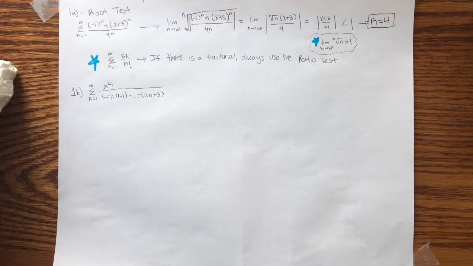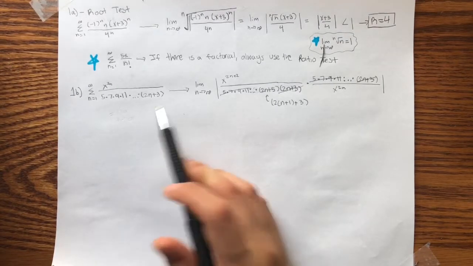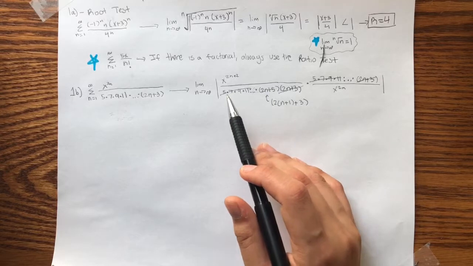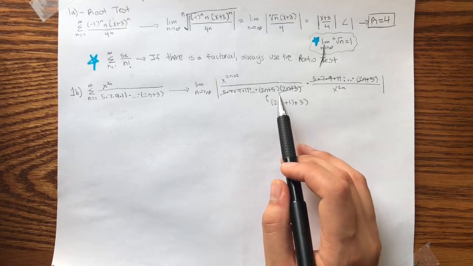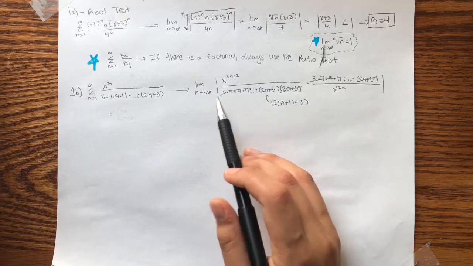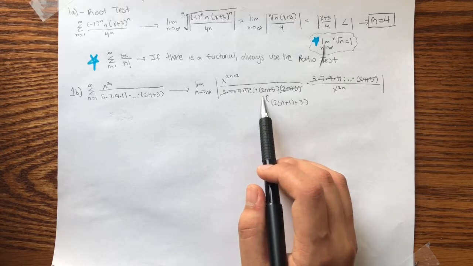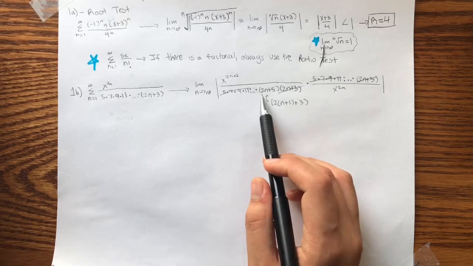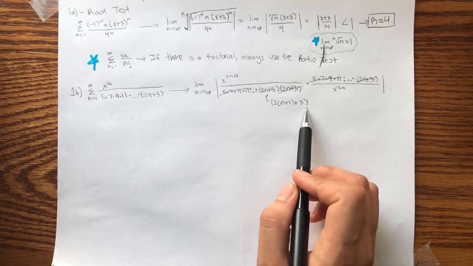Now let's look at another problem, question 1b on the worksheet. Find the radius and interval of convergence of this. Here's what we get when we set up this problem using the ratio test. As you can see over here, you have to keep the 2n plus 5 and multiply it by the 2n plus 3 because this keeps on multiplying on and on into infinity. And the 2n plus 5 is just the same thing as this over here.